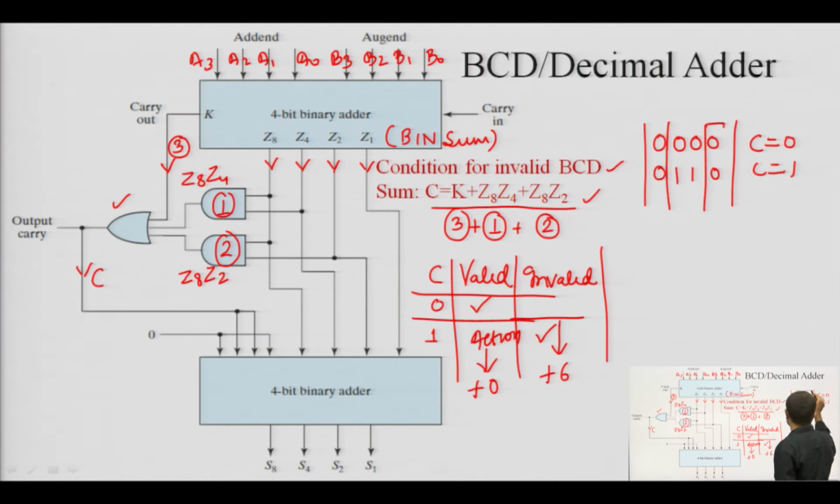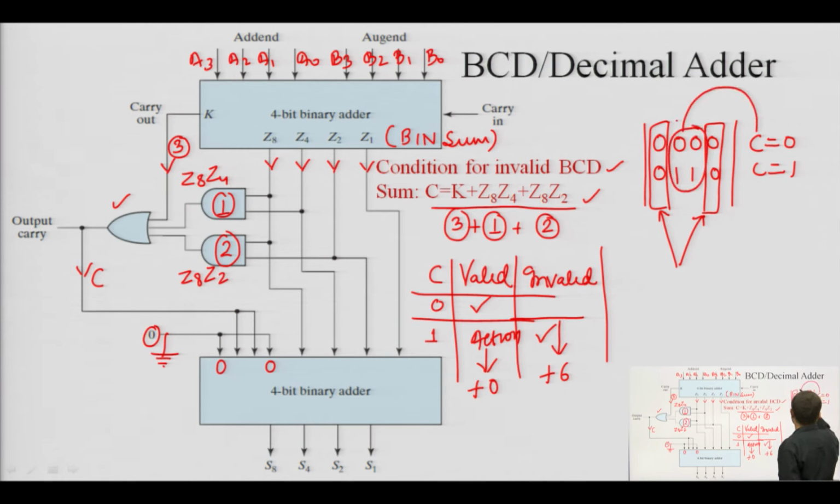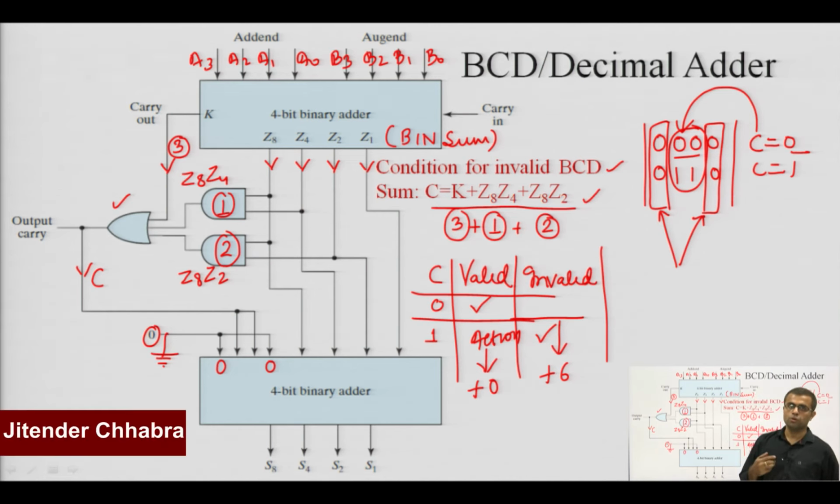So, this is C equal to 0 and this is C equal to 1. From this we can see that the first and last bits are fixed at 0, or you can also connect them to ground. So, the first and last positions are 0 in any case, whether we want to add 0 or 6, and in between we can see that the terms are directly related to C. If C is equal to 0, the middle two values are also 0, and if C is equal to 1, the middle two values are also 1.